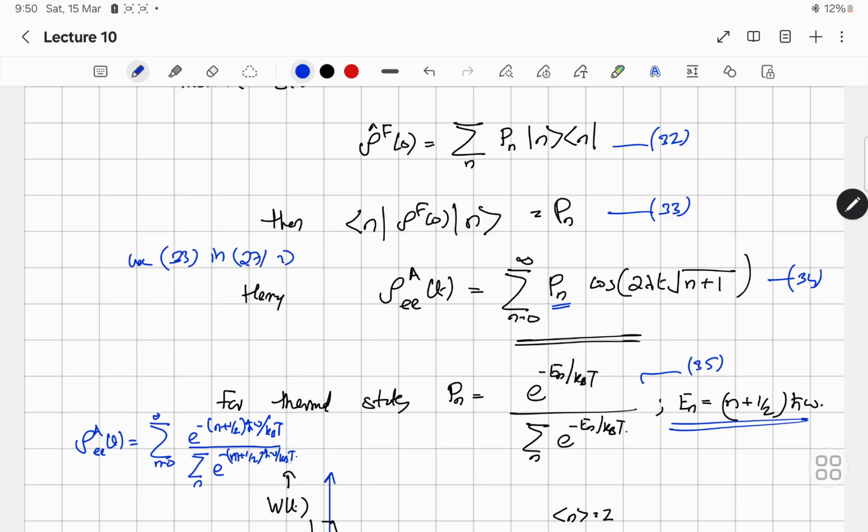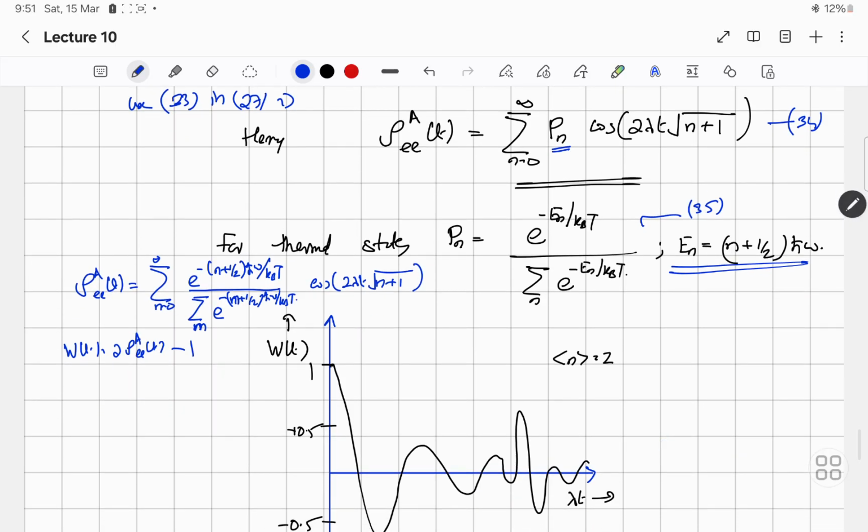I have to use some other index here, sum over m would be better. So this should be my rho_A, and from this rho_A I can calculate W of t. It is 2 rho_A,EE(t) minus 1.